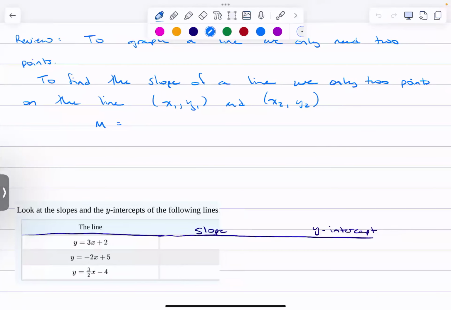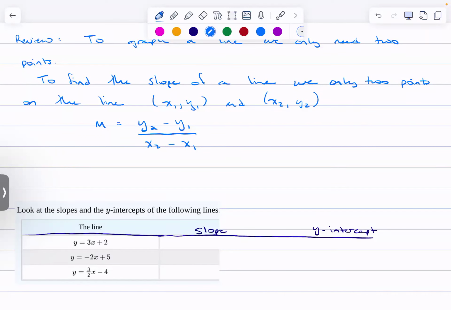The order is not going to matter as long as you're consistent. You've got some xy coordinate for point 1 and some xy coordinate for point 2.